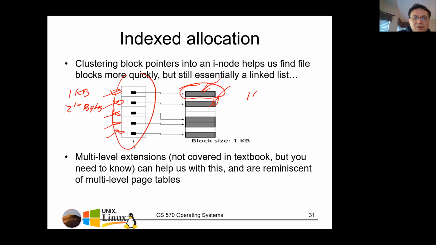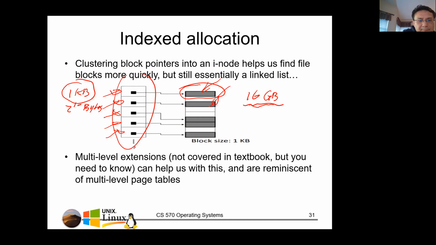You want to describe a file with a size of 16 gigabytes. Each entry in the inode gives you 1 kilobyte. If you only use one level of inodes, what would the inode table size be?